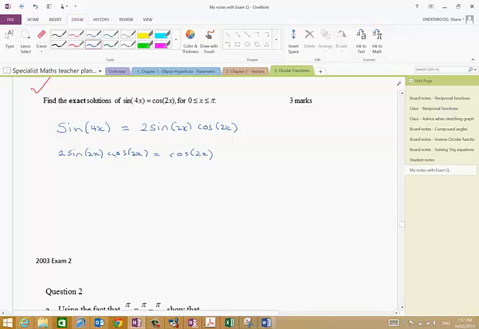Now, we discussed last week that I can't just go ahead and cancel this out because I'm eliminating solutions. So let's get cos of 2x as a common factor. And let's get this cos 2x on the left-hand side. So I'm going to say that 2 sine of 2x minus 1 outside of cos of 2x is equal to 0.